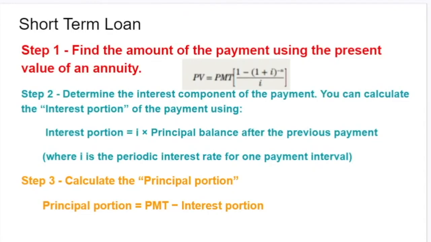The next thing we need to do for the purposes of the accounting issue, as I mentioned, is figure out how much interest is really part of this and how much is principal repayment. So the first thing we need to do is determine the interest component of a given payment. We simply do that by taking the periodic interest rate and multiplying it by the balance on the loan.